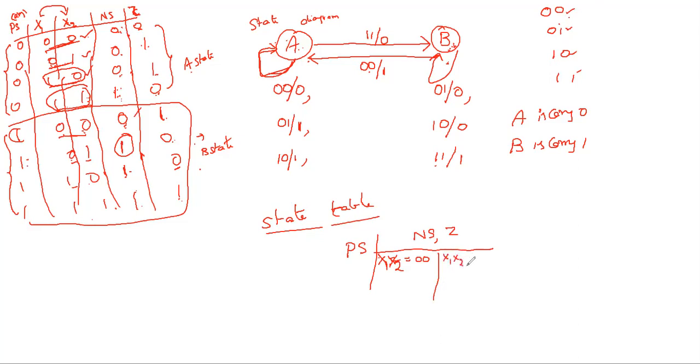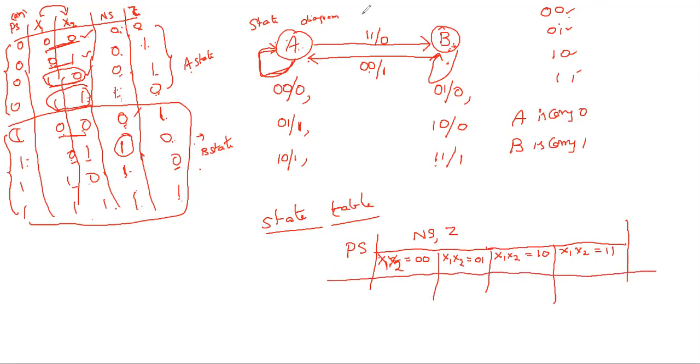Next x1, x2 is 0 1. Next 1 0. Next 1 1. So x1, x2: 0 0, 0 1, 1 0, 1 1.